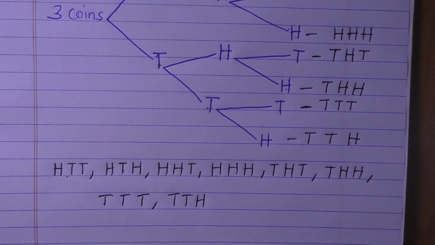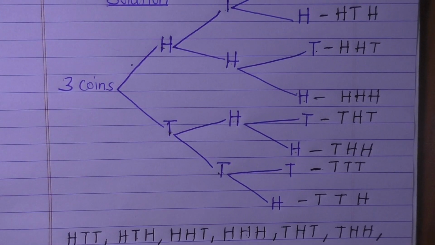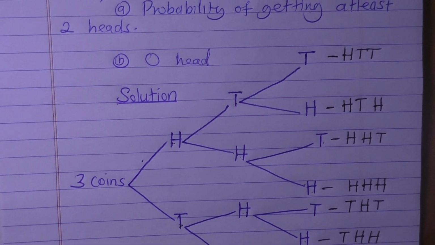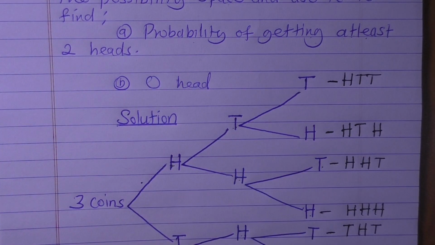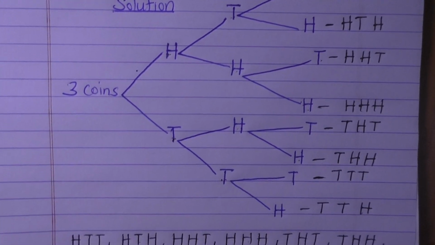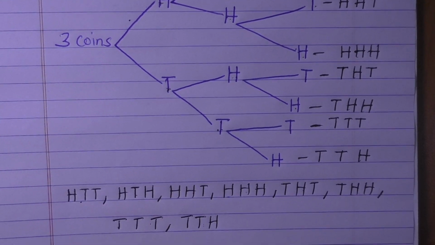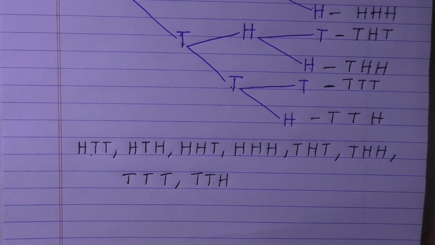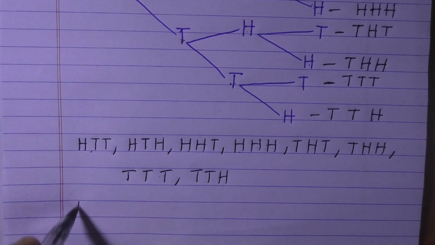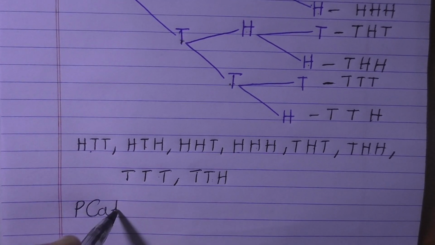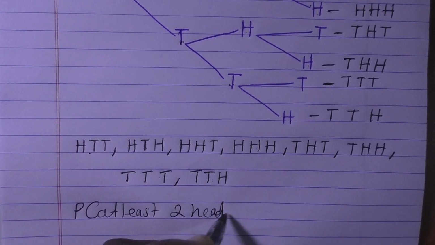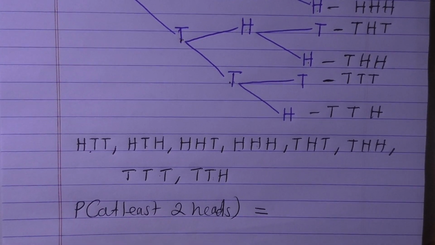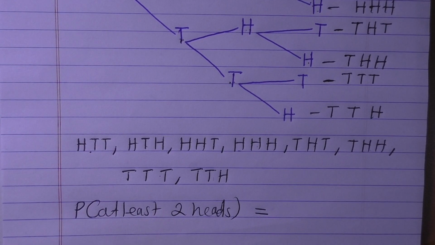And now, after getting the sample space, we come to our questions. Part A is asking for the probability of getting at least 2 heads. The word at least means the minimum of 2 heads, but we can also allow more than that. So, meaning that the probability of getting at least 2 heads, we are going to consider the 2 heads and the 3 heads.